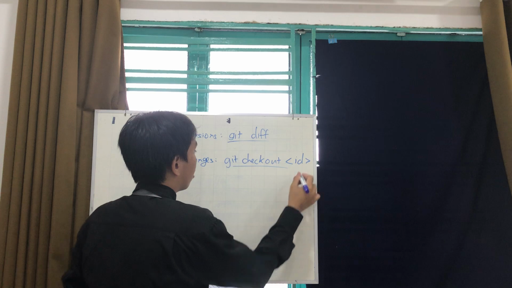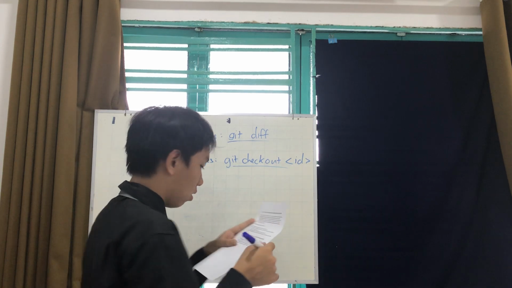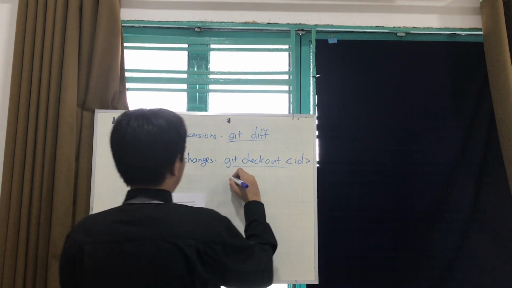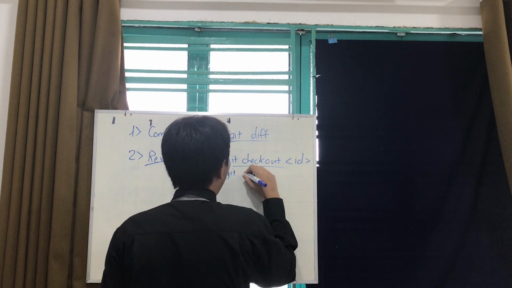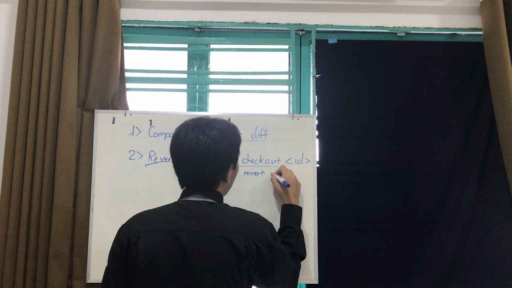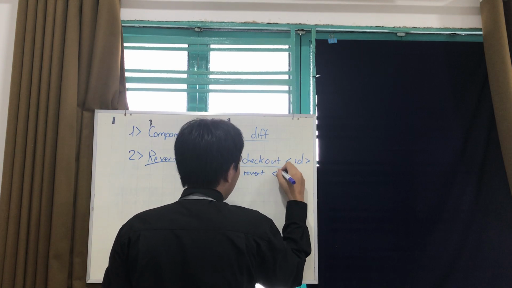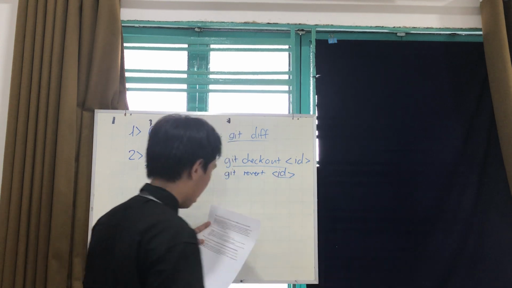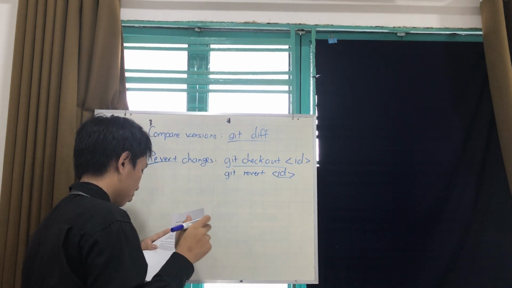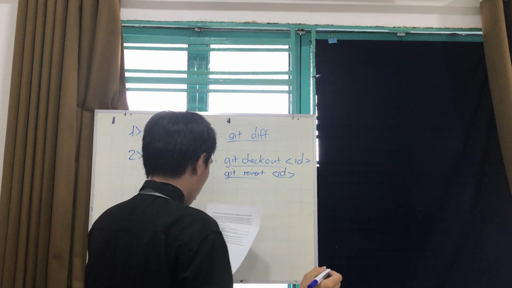So git checkout is to view an older version, or git revert. This is for reverting. It is git revert ID. Your ID, I don't know what ID it is, so I will put it as ID. So that is how you revert it.